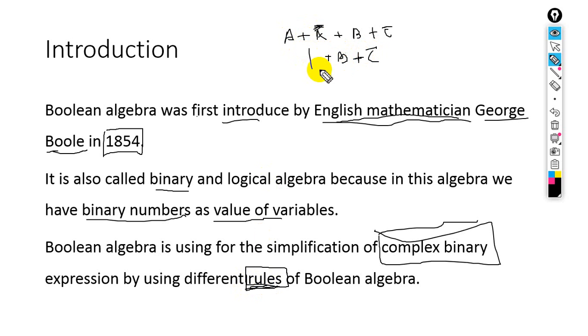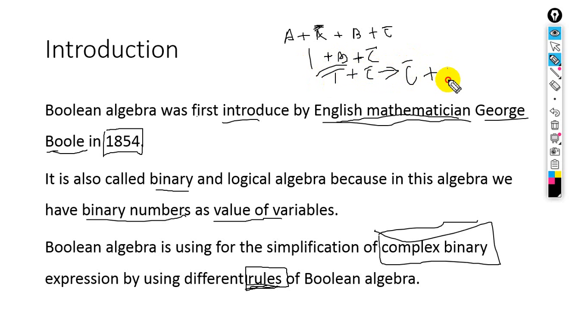There is a rule that says that if we have 1 plus b, anywhere, it is equal to 1. So now this is the Boolean expression c bar plus 1.